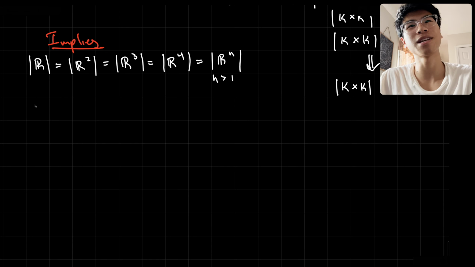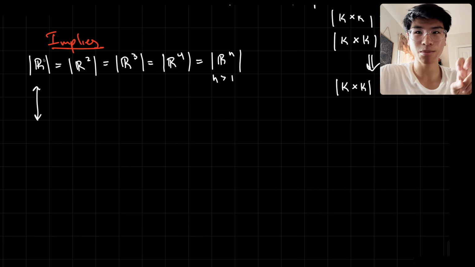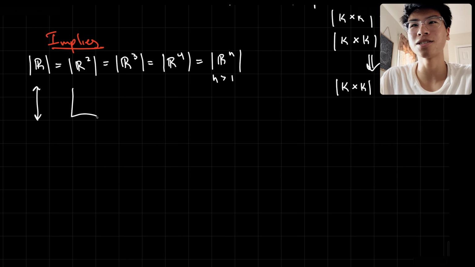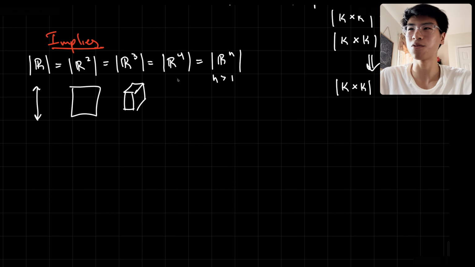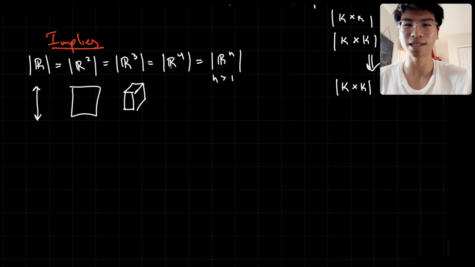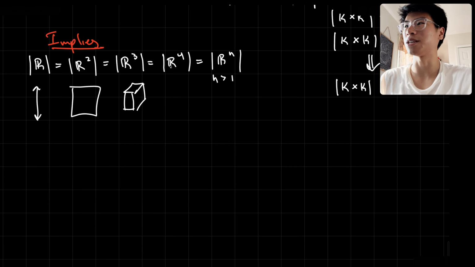This is a really interesting application because it tells us that the number of points on the line is the same as the number of points in the plane, the same as the number of points in space, in 4D space, in 5D space, and so on. So I think that's really cool. And ordinality gives us the perfect tool to solve it.